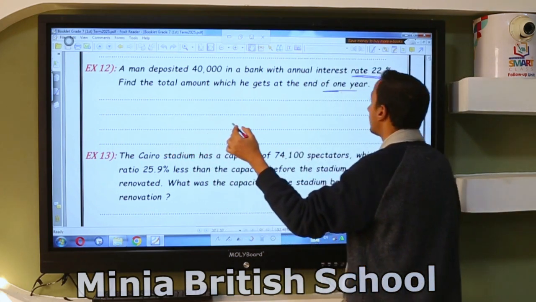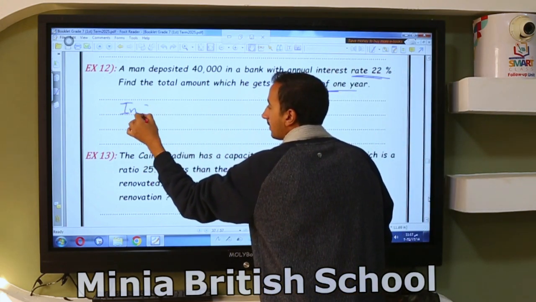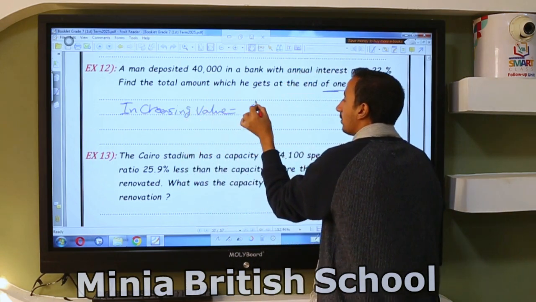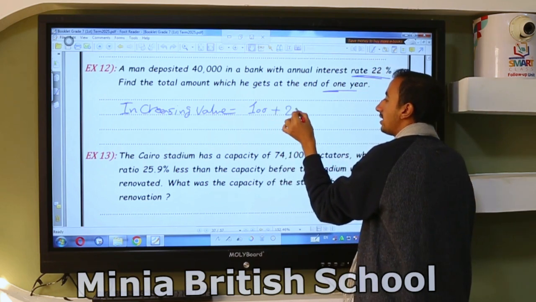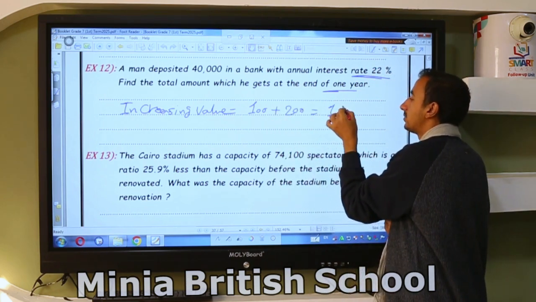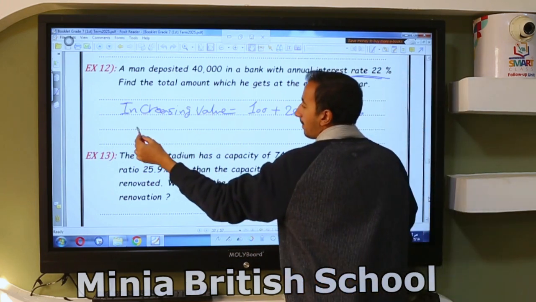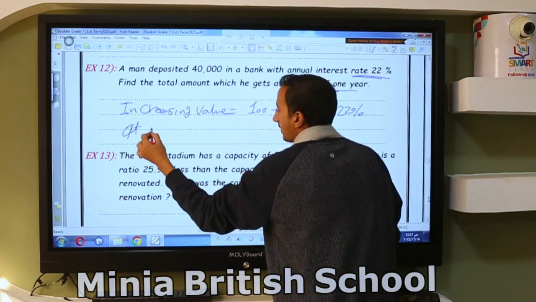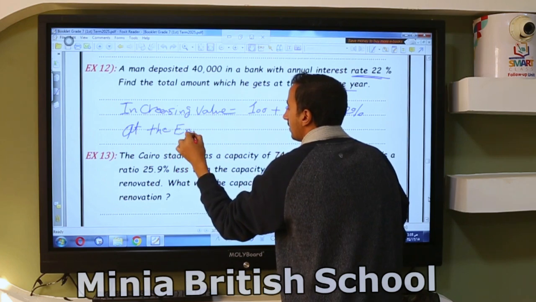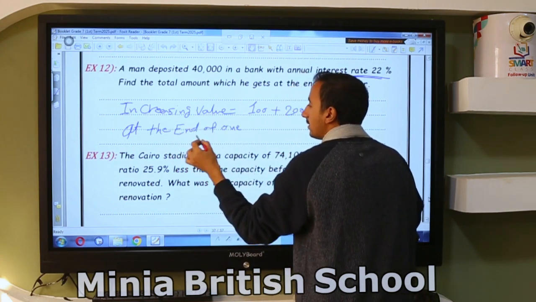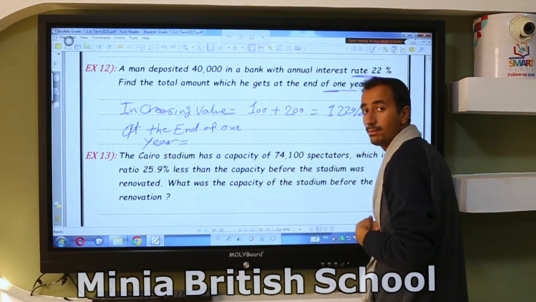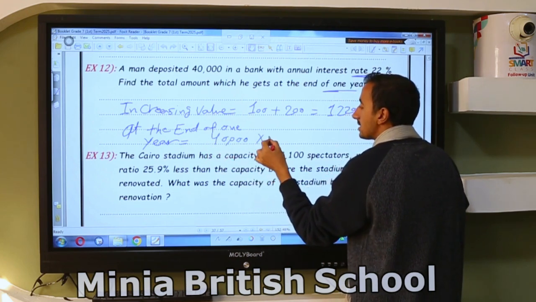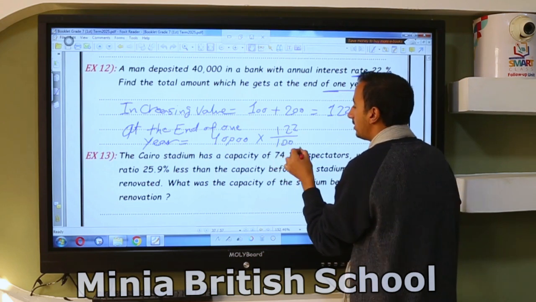Here increasing value equals 100 plus 22 equals 122%. So here the amount of money at the end of 1 year is the original price 40,000 times 122 over 100, 122%.